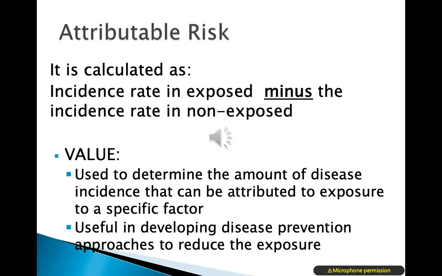So we're going to be looking for that subtraction sign as we calculate this. And again, the bottom of this slide lists two of the values of using attributable risk. It's used to determine the amount of disease incidence that can be attributed to an exposure from a specific factor. And then that might help us to develop disease prevention approaches in order to reduce that exposure.